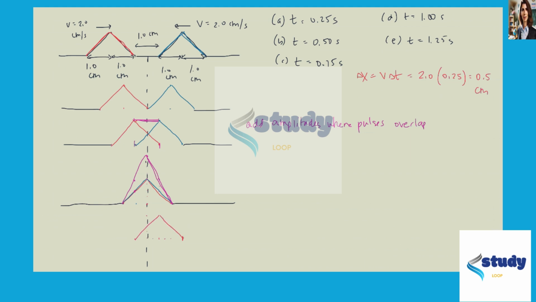And likewise, when we keep advancing our blue one, it's going to look like it's in the location where our red one was before. Here we go. Let's get that correct color back. So my blue pulse is now here.